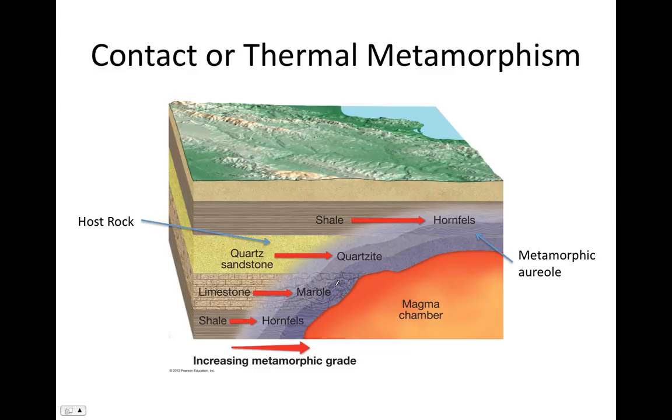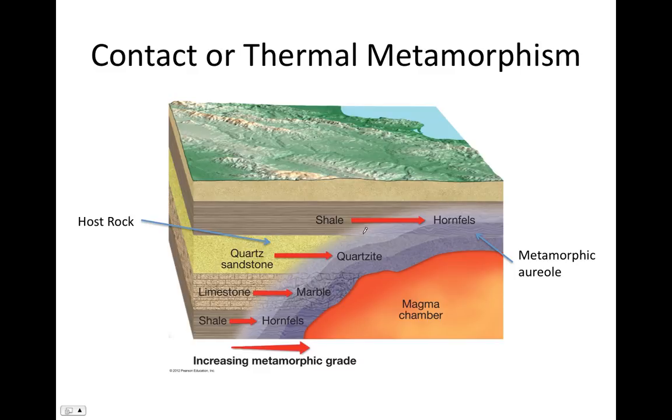And depending on the parent rock, we have different types of non-foliated metamorphic rocks formed. For example, a shale, once it's subjected to large amounts of heat, forms a non-foliated metamorphic rock known as hornfels. When limestone is heated, it metamorphoses into marble, quartz sandstone into quartzite, and shale here into hornfels.